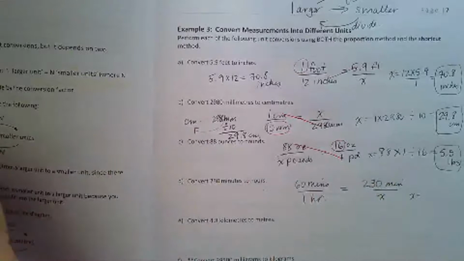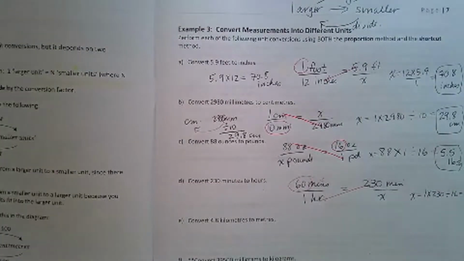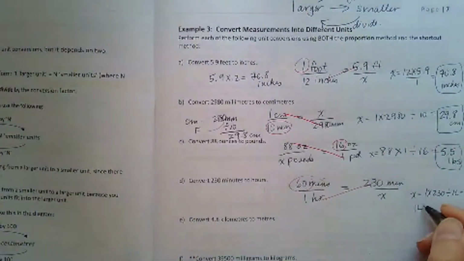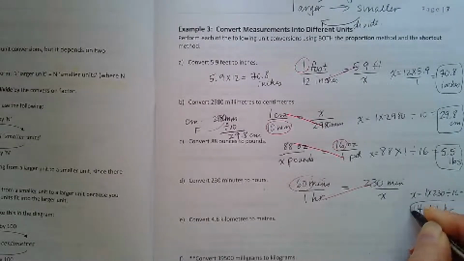So I'm going to multiply and then divide out. So 1 times 230 divided by 16. And I get 14 point, I'm going to have to round, 14 hours.